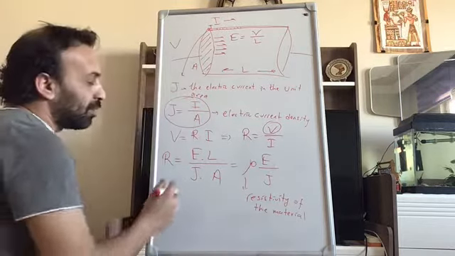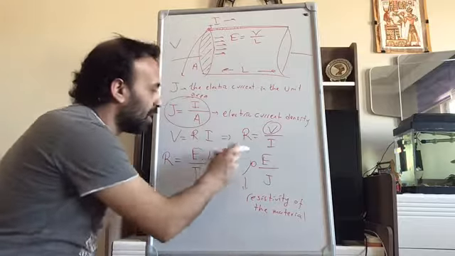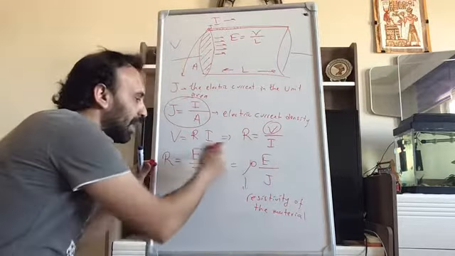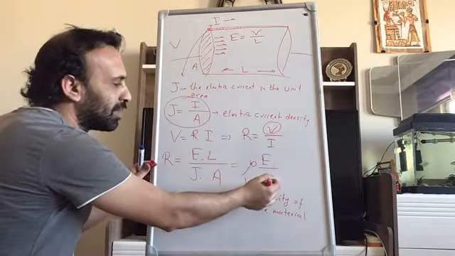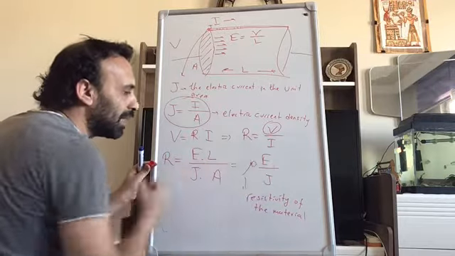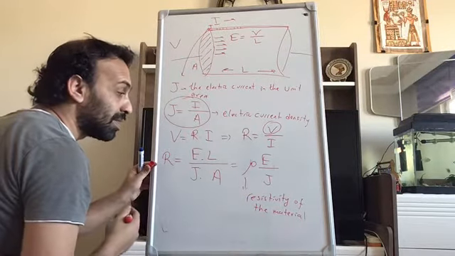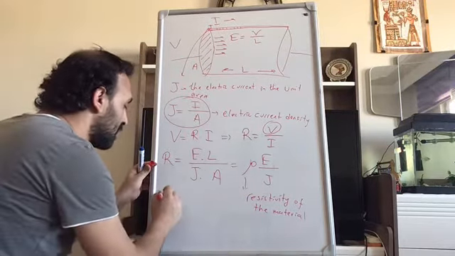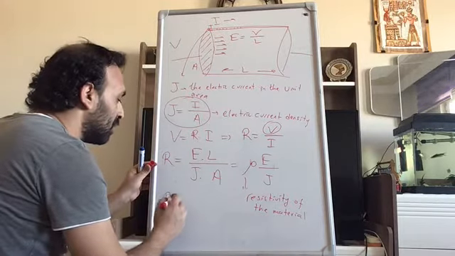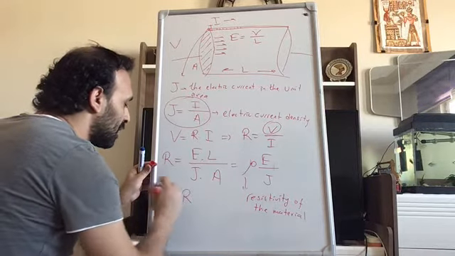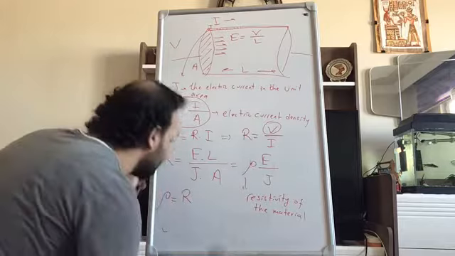So the resistivity of the material you can write by comparing these two equations: E is the electric field, J is the electric current density, and rho is defined as the resistivity of the material.